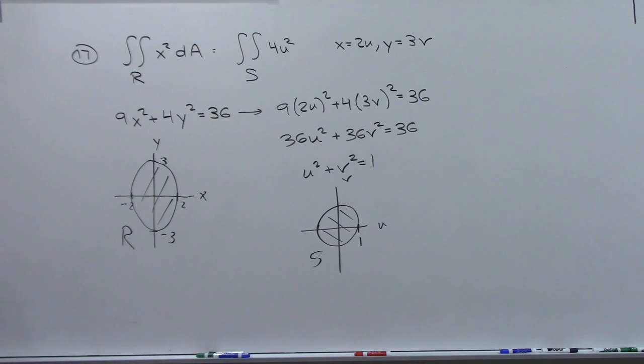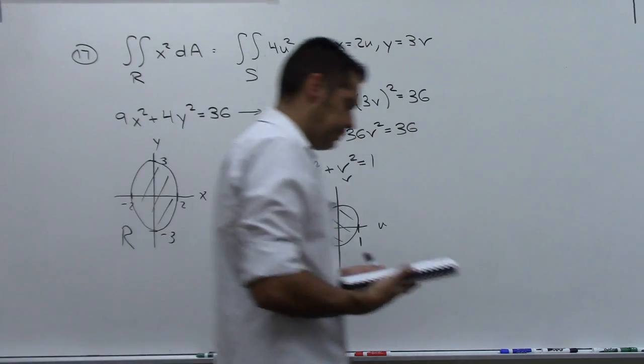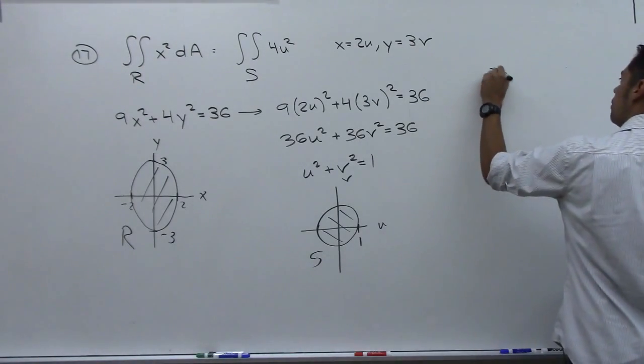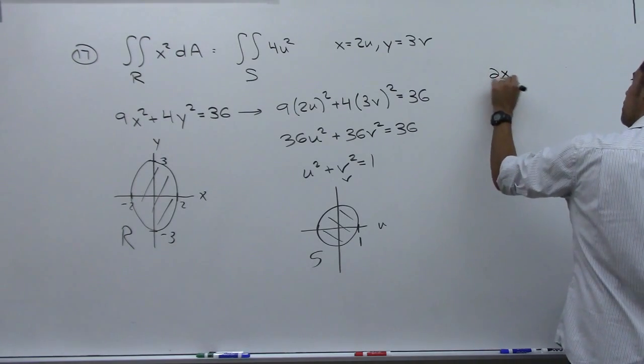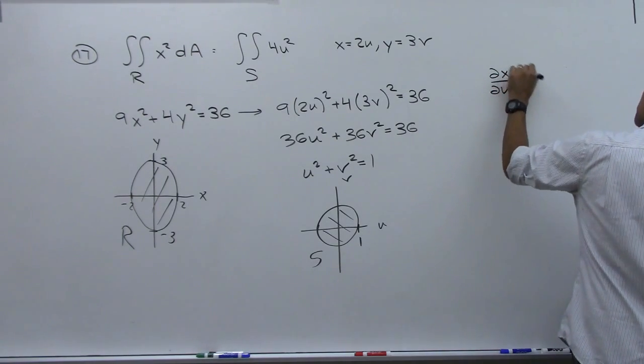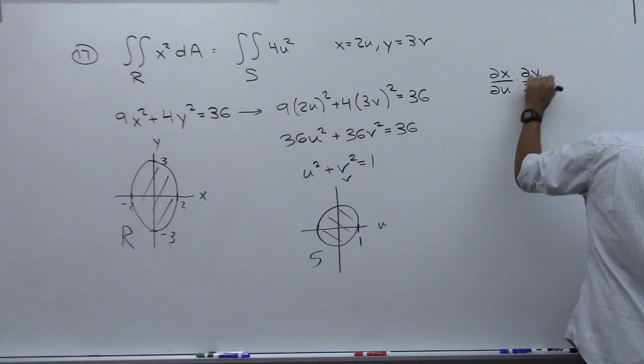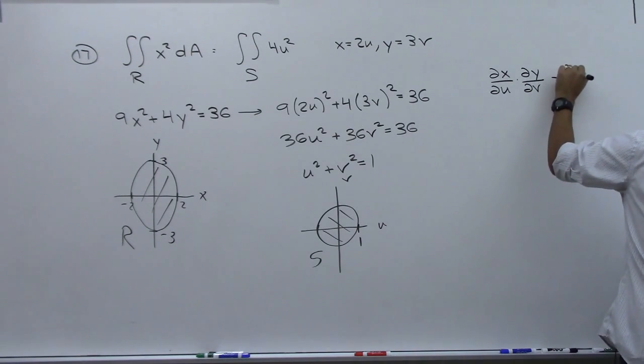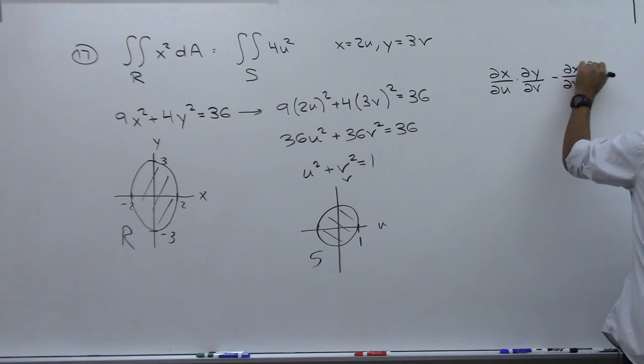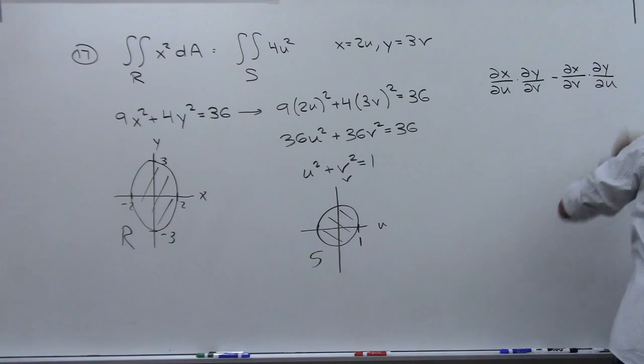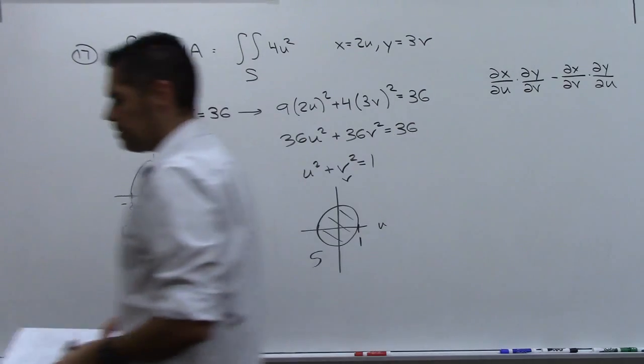So what we're going to need to do to get the Jacobian determinant is the partial of x with respect to u times partial of y with respect to v minus partial x with respect to v times partial y with respect to u. So we need to figure out what that is.